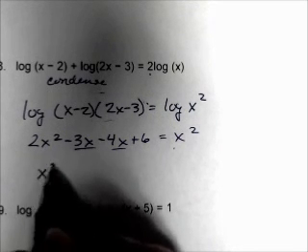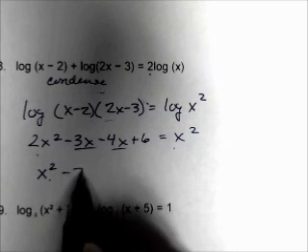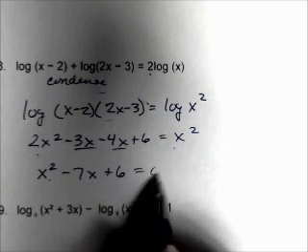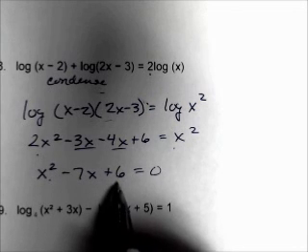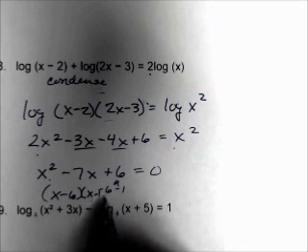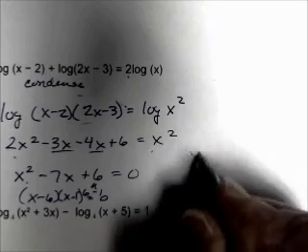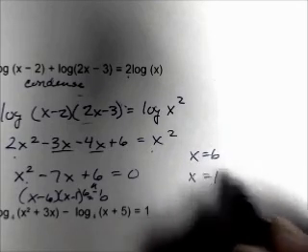So I'll have x squared, because 2x squared subtract x squared is 1x squared, minus 7x plus 6 equals 0. Factors of 6 that add to negative 7, negative 6, negative 1. So x minus 6 times x minus 1 equals 0. So we have x is equal to 6 and x is equal to 1.